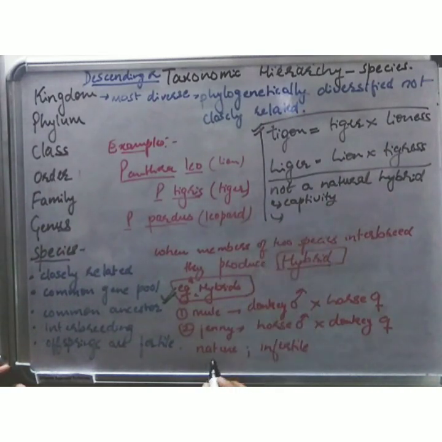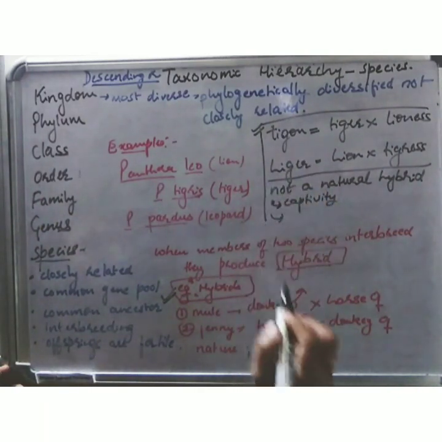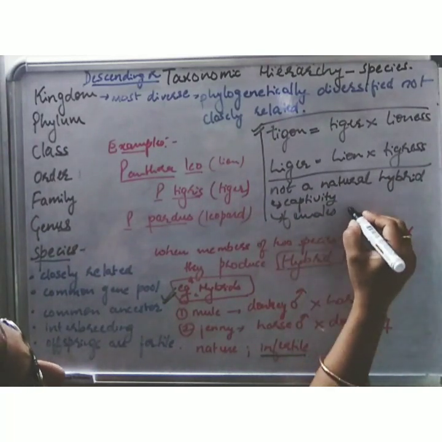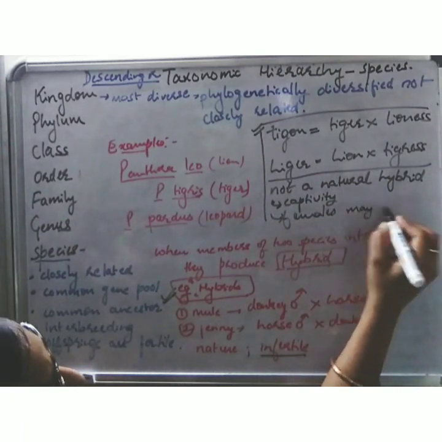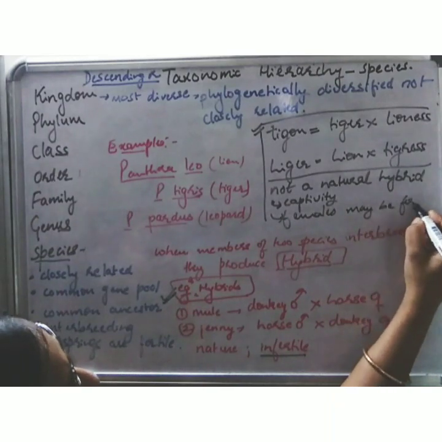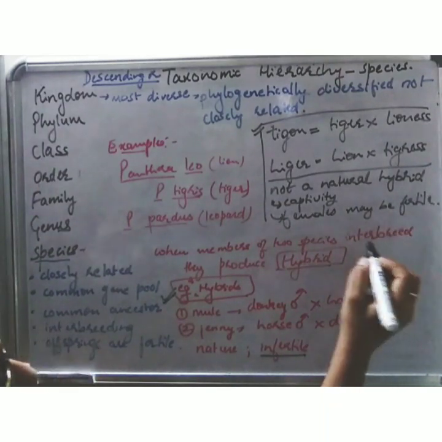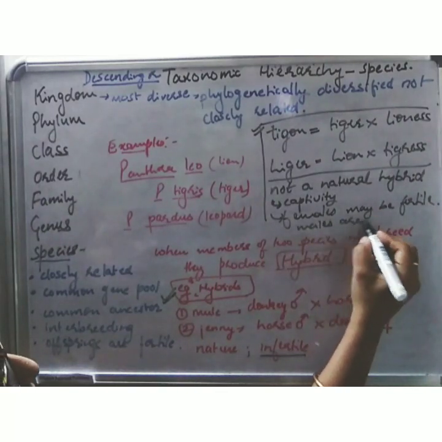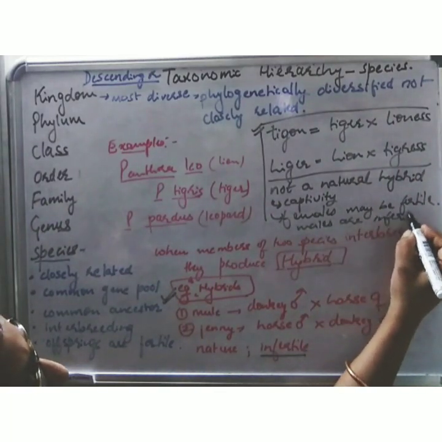Whereas we saw that the mule and Jenny were infertile, in the tigon and liger, the females are mostly fertile. Males are infertile.